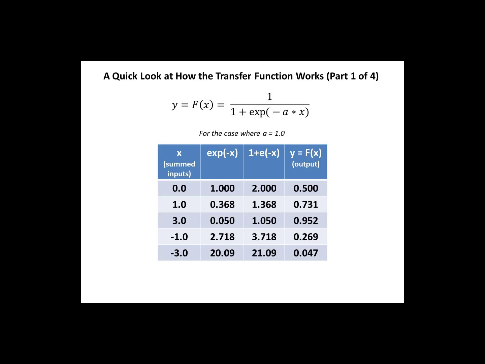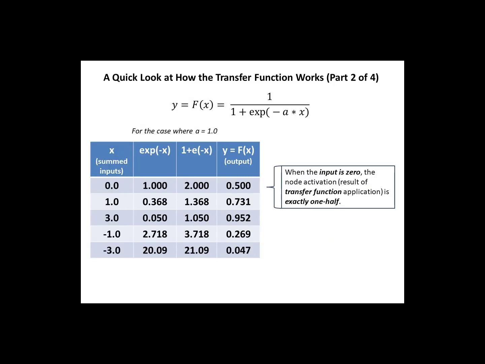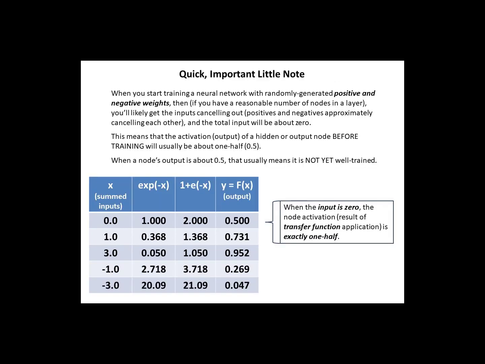The third column is 1 plus e to the minus x. And the fourth column, the final one, is our actual transfer function output value. Let's check out some specific numbers for the transfer function. When the input is 0, we take the exponent of 0 and get 1. Then we take 1 plus that and get 2, and then 1 over that and get 1/2.